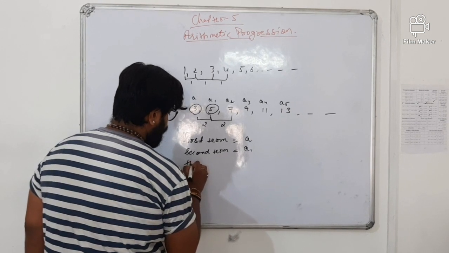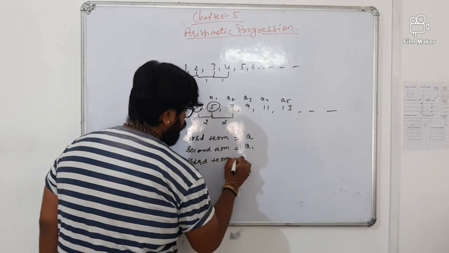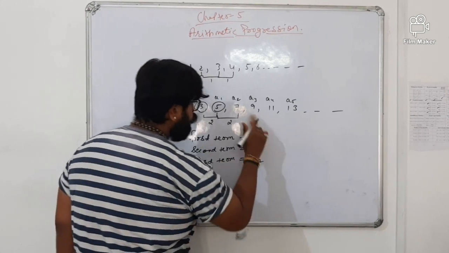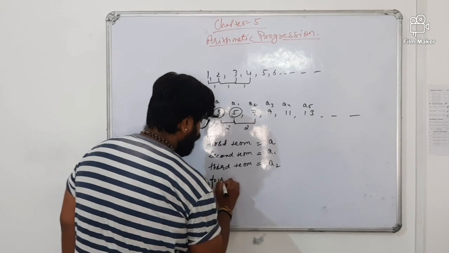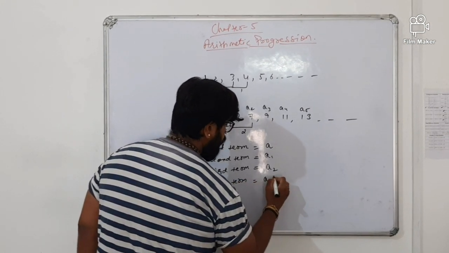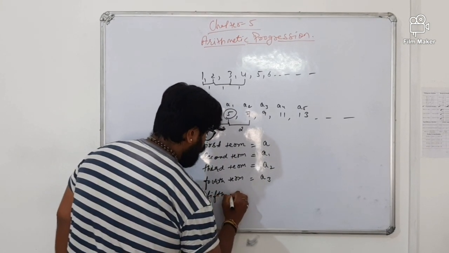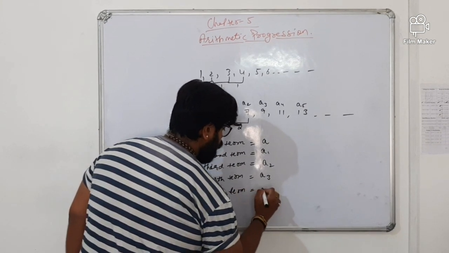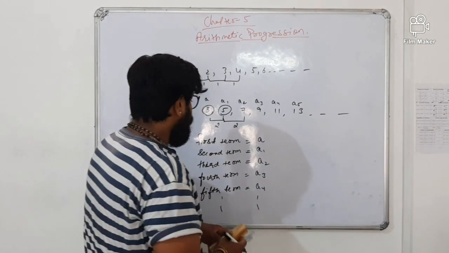The third term is known as A2. The fourth term is known as A3, and the fifth term is known as A4, and this will go on.